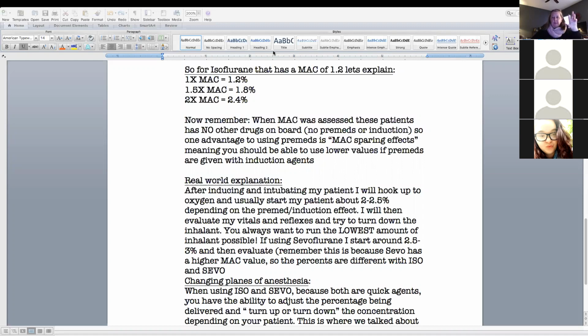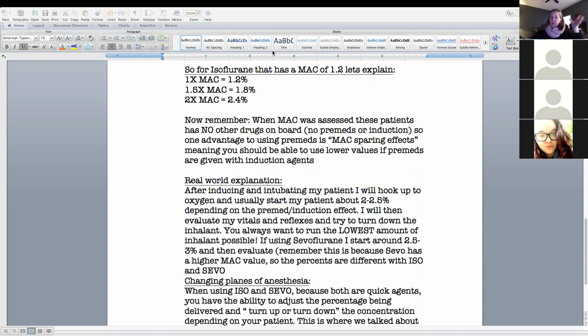The main difference, like I said, is how it works. It comes in its own tank. It's inhaled, but it's not an inhalant. It's considered a medical gas, and it's used to enhance the inhalant anesthetic.